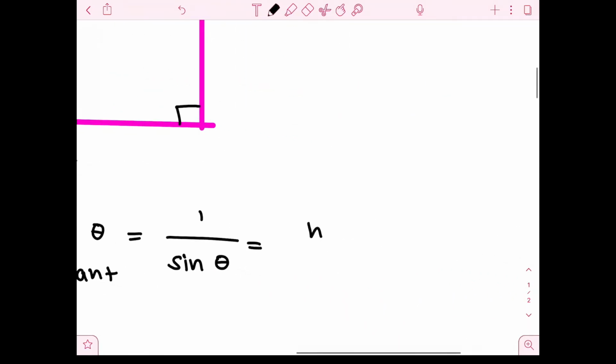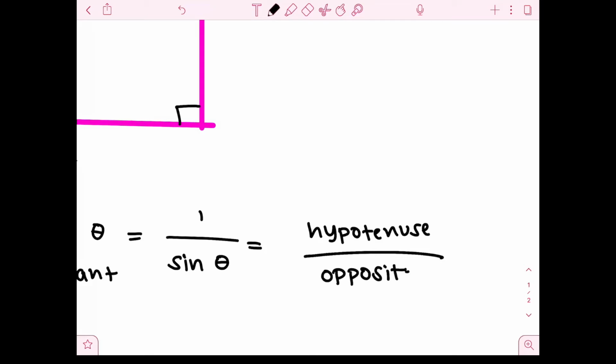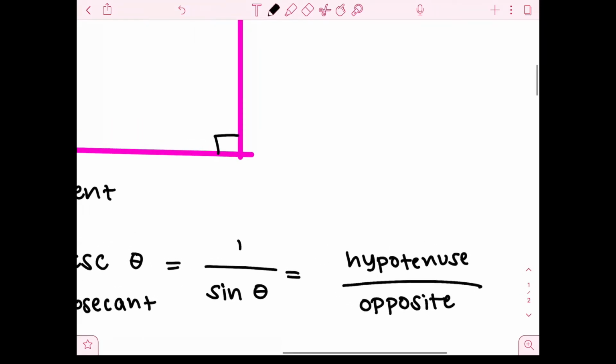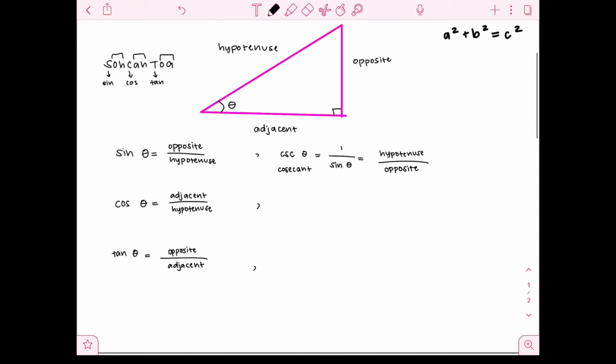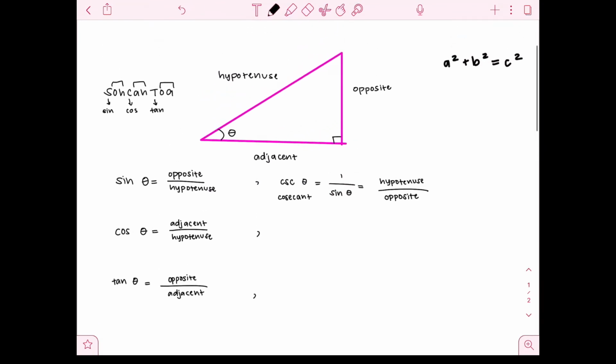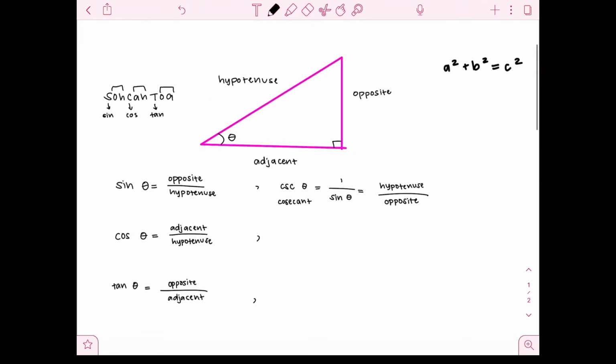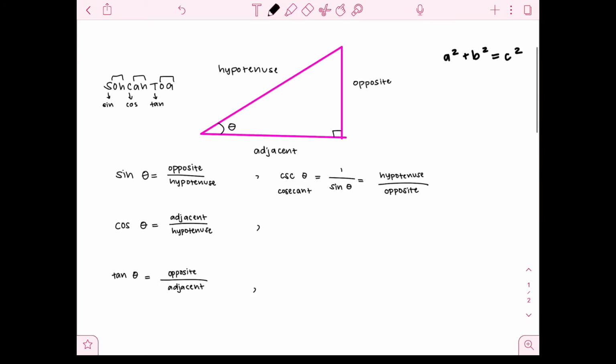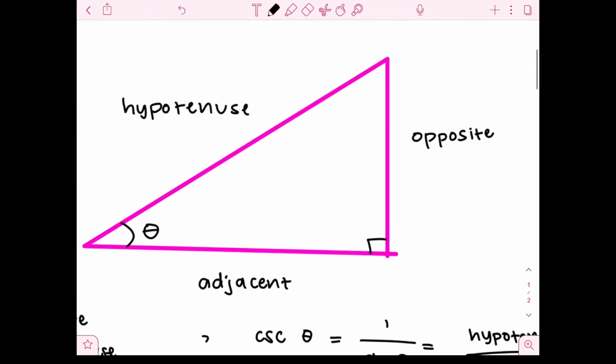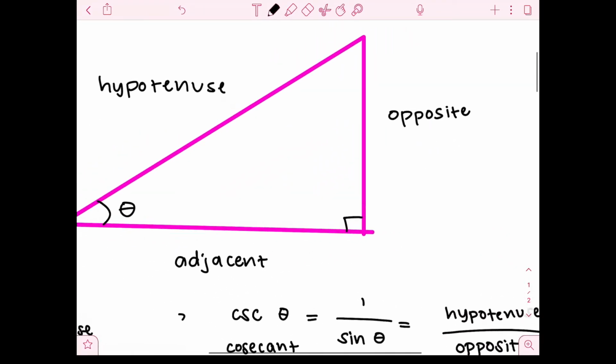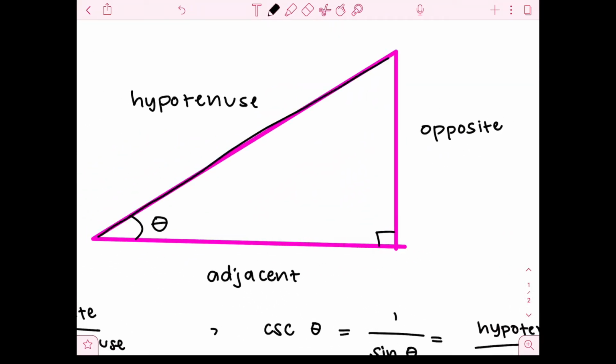So it's equal to hypotenuse over opposite. Now, just like there is SOHCAHTOA, I haven't heard one for cosecant, secant, and cotangent. I don't think there is one, but one way to always remember it is just switch the numerator and denominator. So cosecant is going to be the hypotenuse over the opposite of theta.